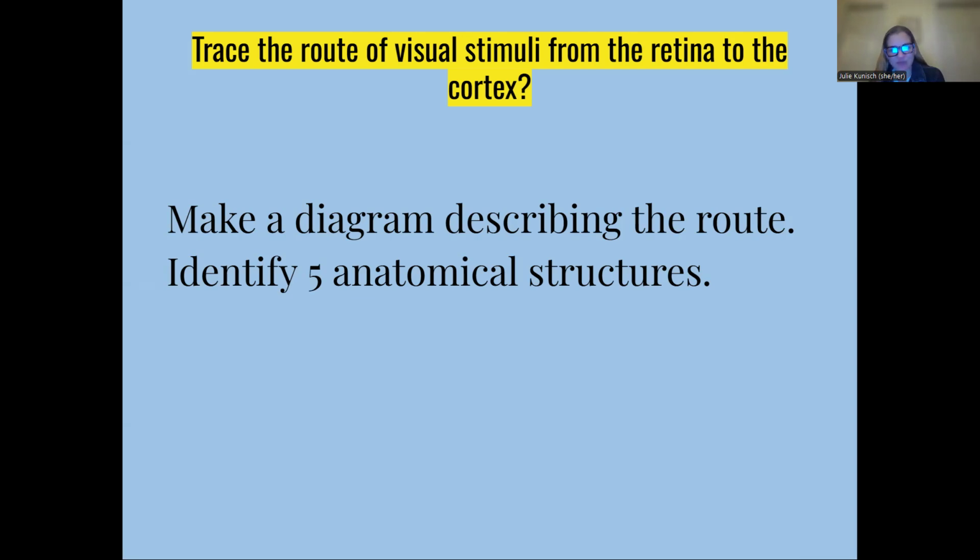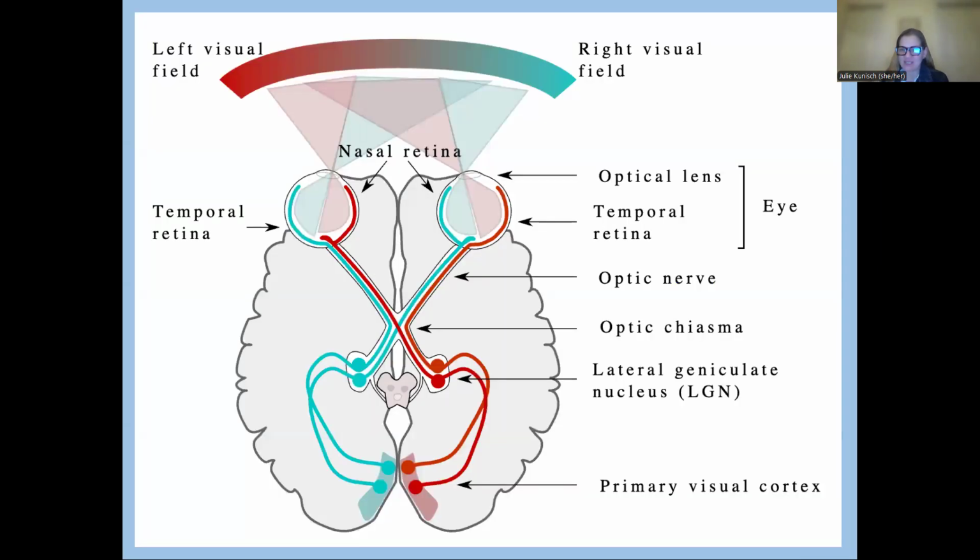Draw the eyeball, both eyeballs, and then the root of the optic nerve. Make sure you have the optic chiasm, right? And which ones cross and which ones don't cross. And then along the way, can you identify 5 anatomical structures? So pause here and take a minute to do that. And then, of course, in the next slide, here is the answer for you. Okay.